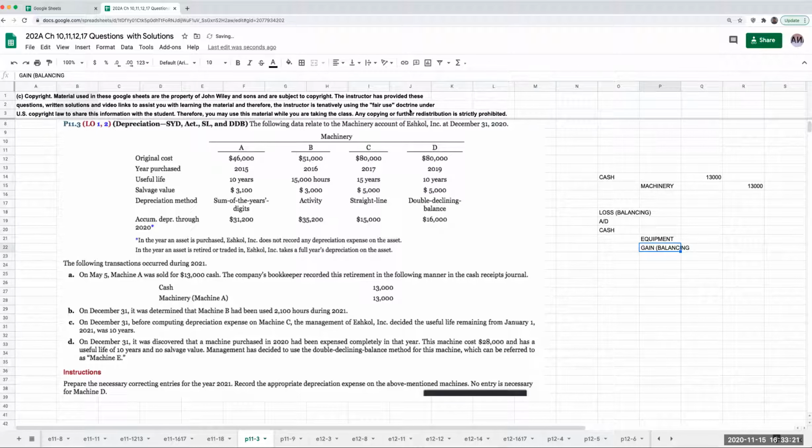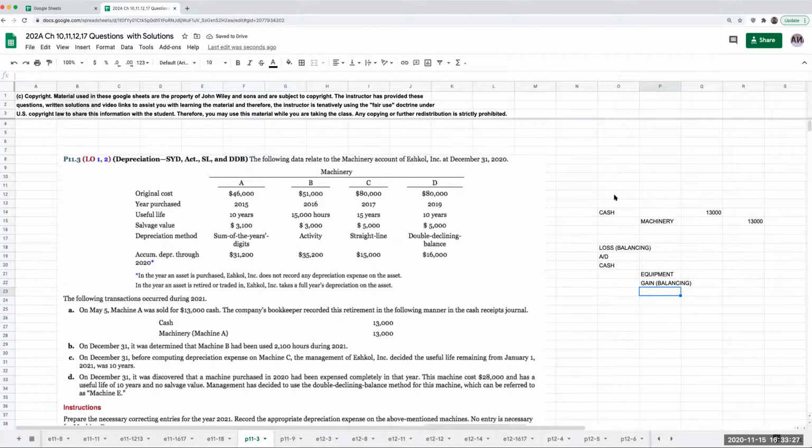For this first one, I would never give you sum of the years' digits, and the reason why is it basically came up from an SEC examiner, who said he's never seen it. So the way your book is, whenever we have an asset, I have to look over here at accumulated depreciation.